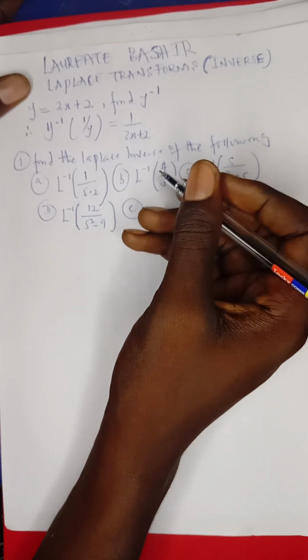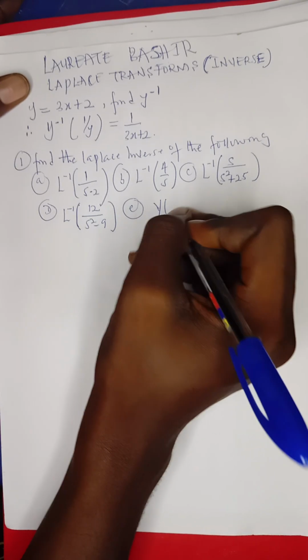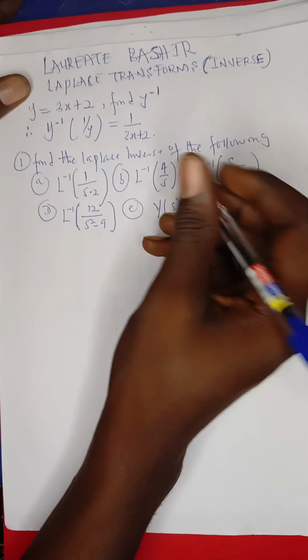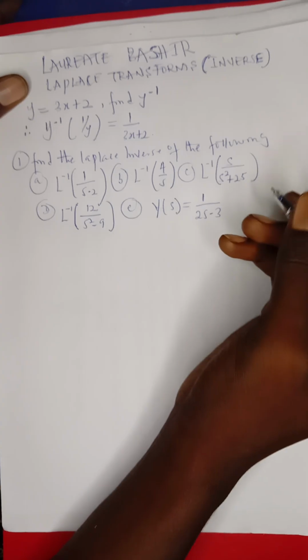E, Laplace inverse of 1 over 2s minus 3. Now let's see the solution.